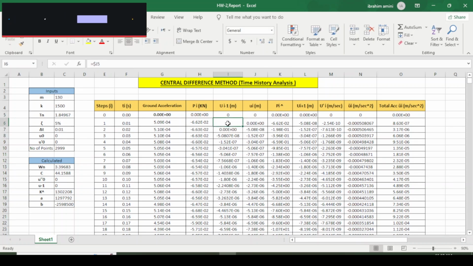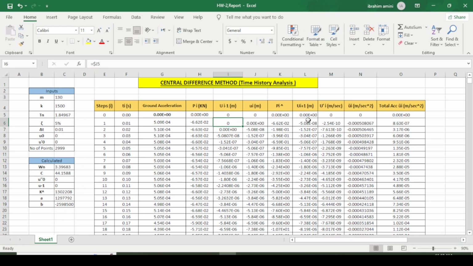This one is to the minus side, and here is one step above, which means it is the ith step for displacement, one step above the normal displacement, U i plus 1.